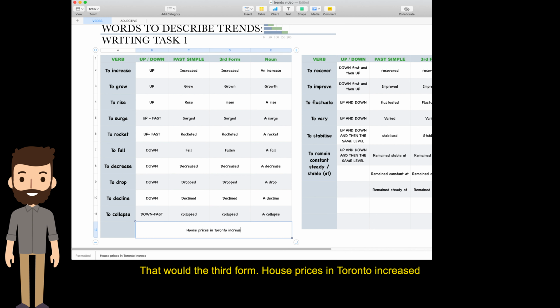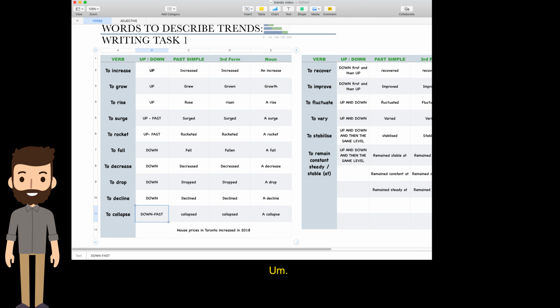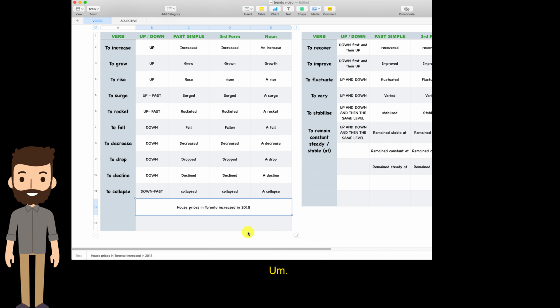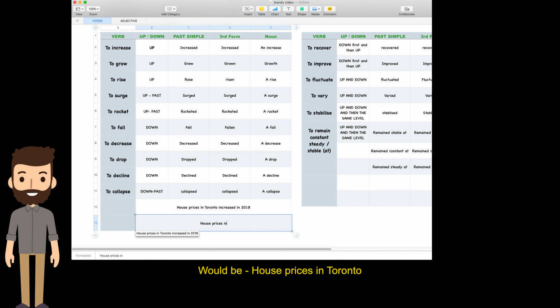House prices in Toronto increased in 2018. That would be the past simple version. Saying it using the third form would be house prices in Toronto have increased in 2018.